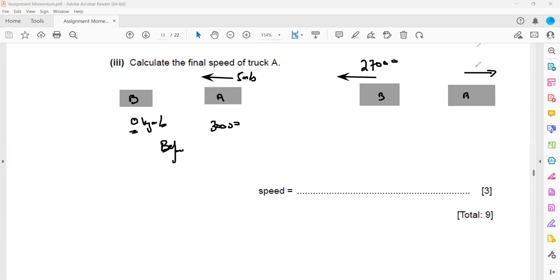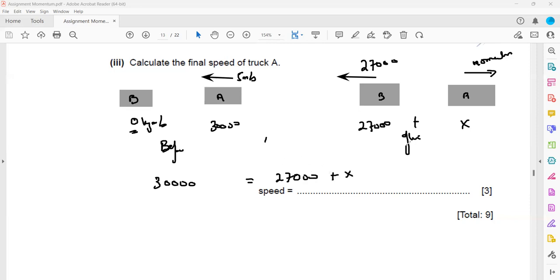We need the speed, but before finding the speed, we should find the momentum of truck A. After, this is 27,000 and the momentum of truck A is X. The total momentum before must be equal to the total momentum after. Before they collide, it was 30,000. After the collision, it is 27,000 plus X.